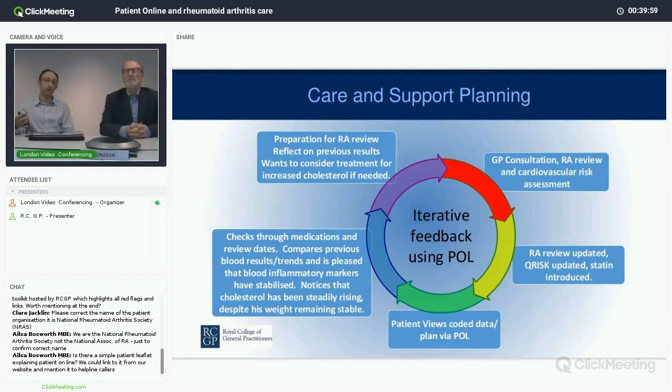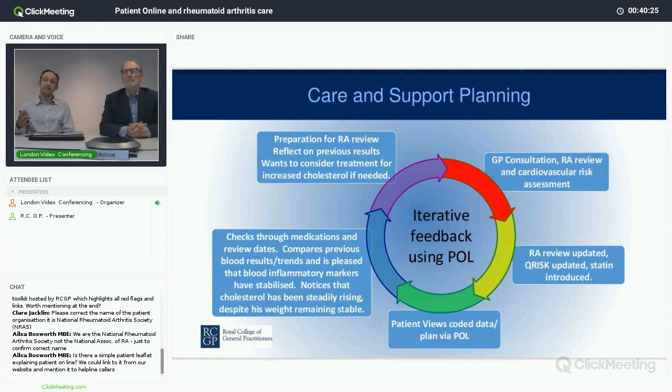This could be part of an annual review, it could be an interim review. They could look at their underlying cardiovascular risk, all the things that are mandated in QOF and recommended by NICE. He could update the plan, the Q risk, whatever the plan may have been.